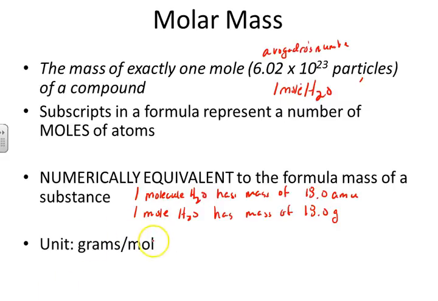I'm writing grams here, but technically speaking, this is grams per mole, and this would be AMUs per molecule. But this portion is very often understood to be true, and we just write the mass unit, either AMUs or grams. The formal unit for the molar mass is grams per mole of compound.